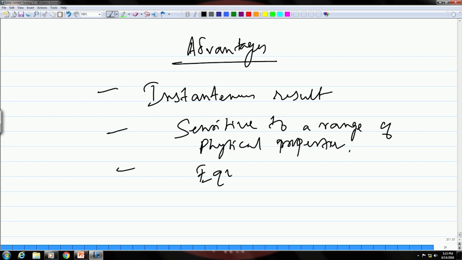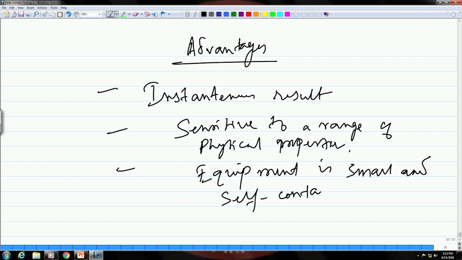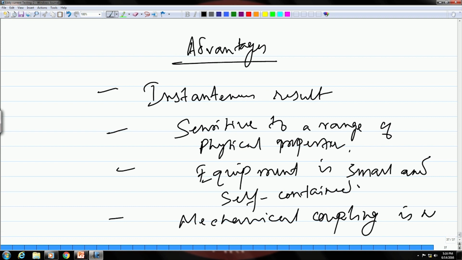Equipment is small and self-contained, as we have seen. And here you do not really need any mechanical coupling between the probe and the sample surface. Okay, so, these are the advantages.